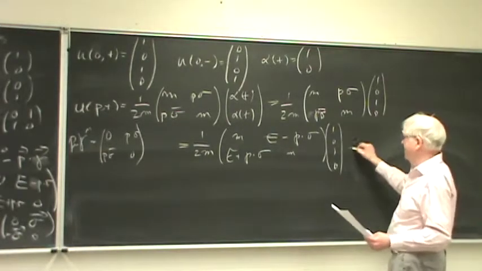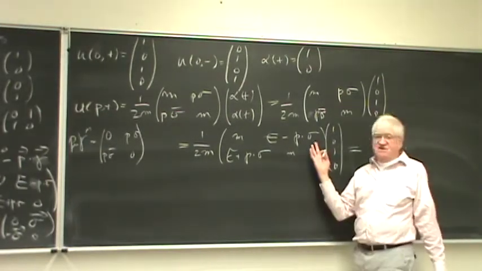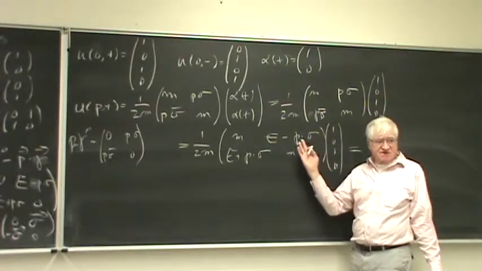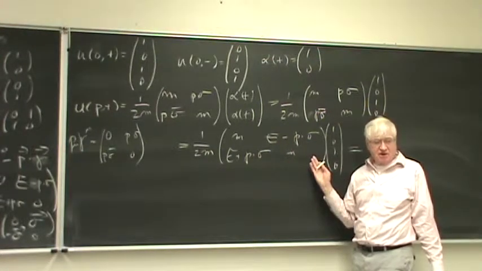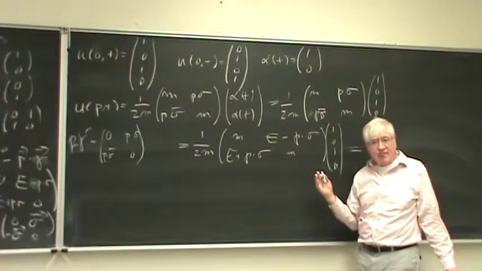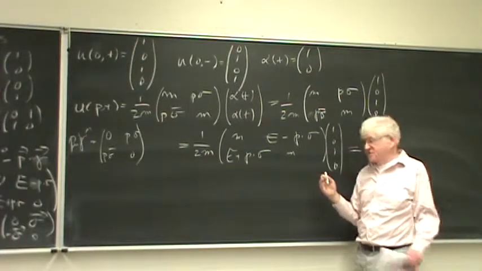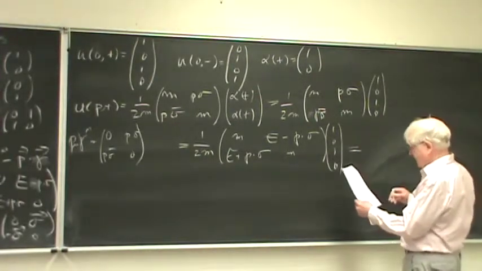And now if you multiply this, for some purposes it's good to just stop here, because this is a nice simple expression. But if you want to see explicitly what the four spinors look like, well then you just multiply that out.